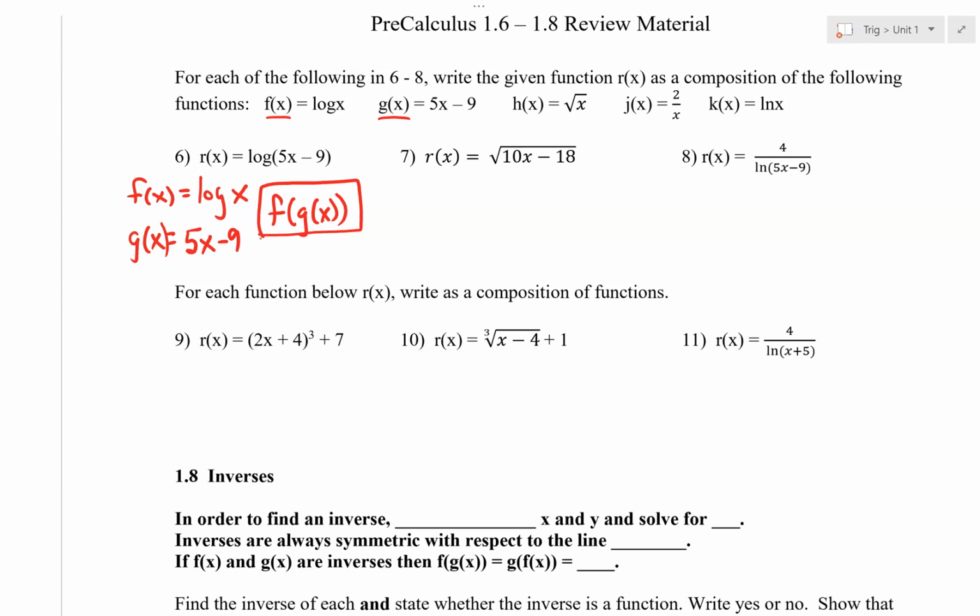Hopefully we see that. The next one is saying r of x is equal to the square root of 10x minus 18. Well, I'm looking up here and I see here's a square root function. Then I need to figure out how I'm going to get to 10x minus 18. I don't see anything, but I do see the g of x right here. And if I were to multiply that by 2, that would give me 10x minus 18.